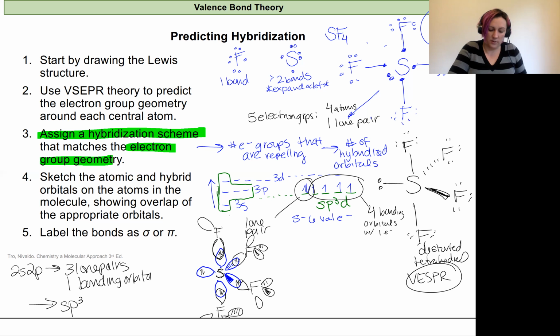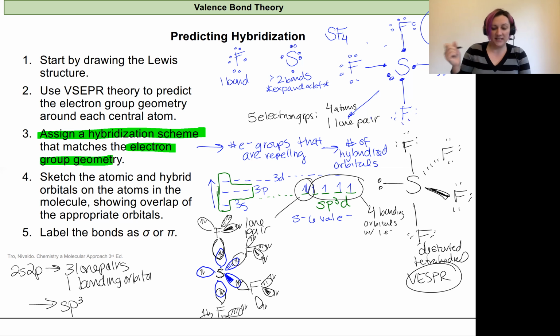Kind of drawing them poorly. And these each have 2 electrons in them because they are the lone pairs around our fluorine. And so they'll come in and bond that way. And at that point, then we have everything placed.